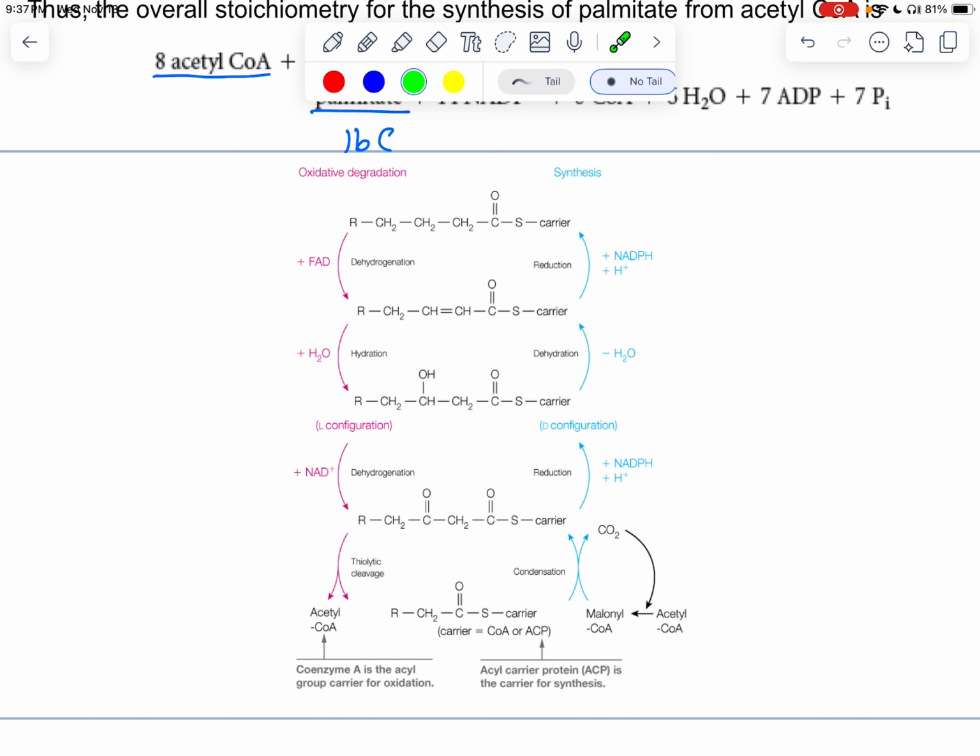And then we're reducing it. We're adding electrons across that bond to get back there. So the water is the same, but it's added here, removed here. Our electron carriers are NADH and FADH2, but over here on the right, they're NADPH. So similar, but with differences.